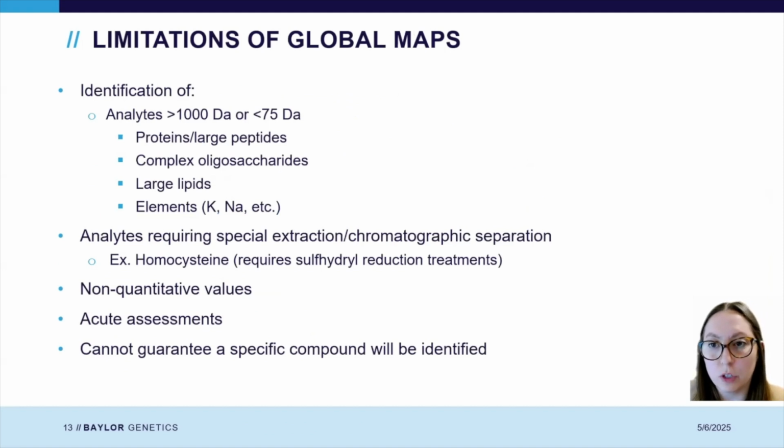Despite its broad coverage, Global Maps is subject to limitations that every clinician should bear in mind. First, the assay is optimized for small molecules between 75 and 1,000 Daltons, and therefore cannot reliably detect analytes outside this range, whether smaller than 75 Daltons or larger than 1,000.